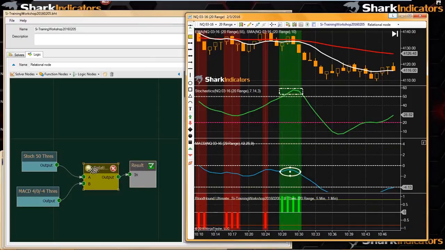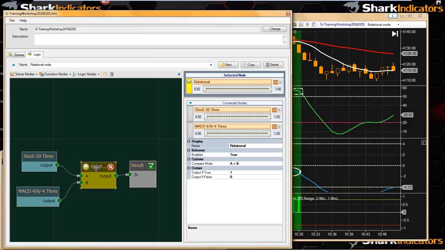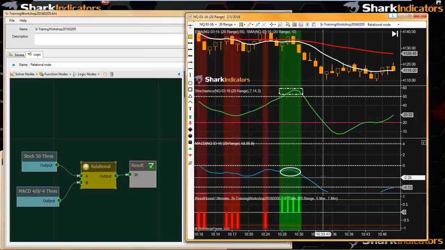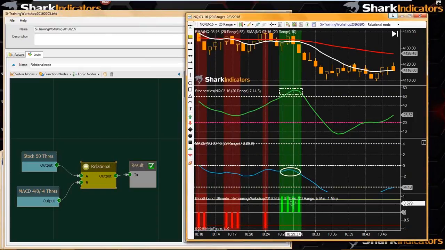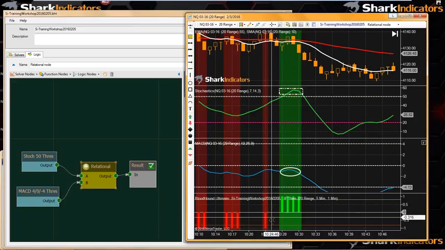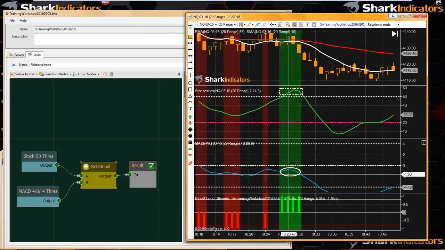So once again, keep in mind, remember how I explained earlier that BloodHound is always evaluating the long side separate from the short side.